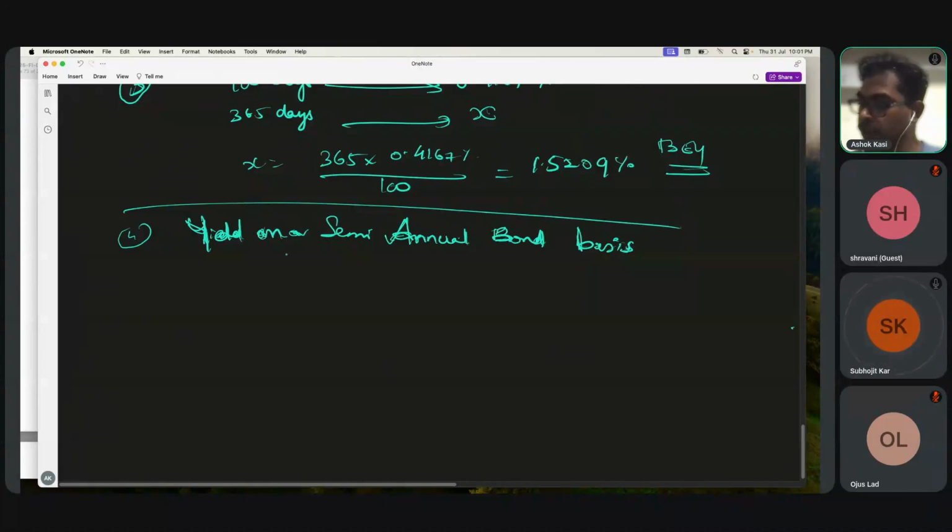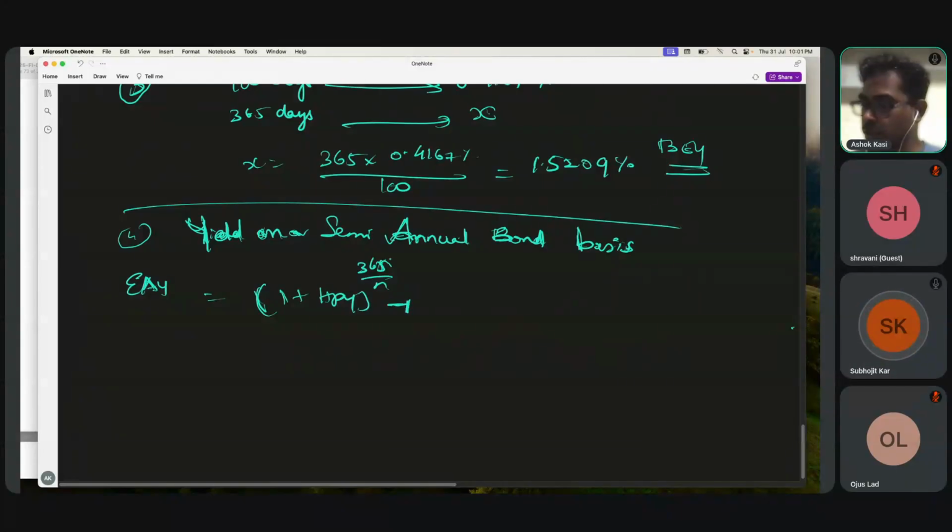See, when they say yield on a semi-annual bond basis, first you calculate the equivalent annual yield. So what is the equivalent annual yield? It is 1 plus holding period yield, raised to 365 by n, minus 1.